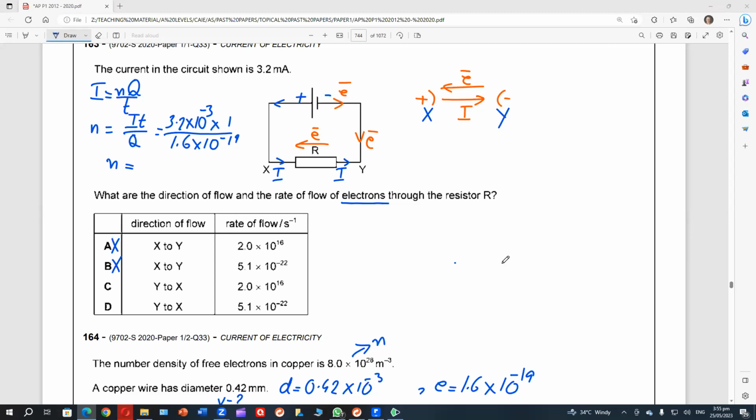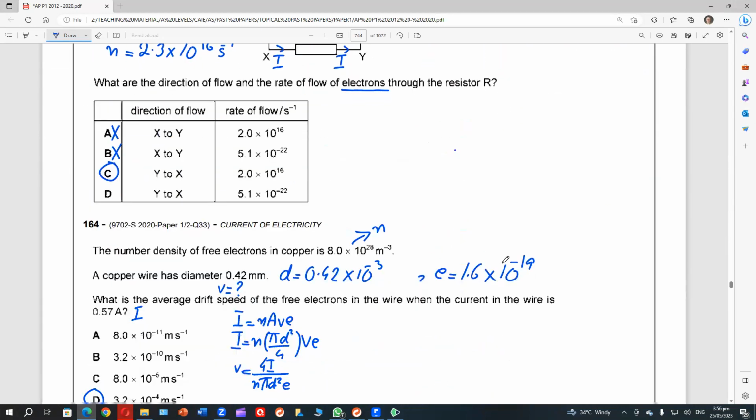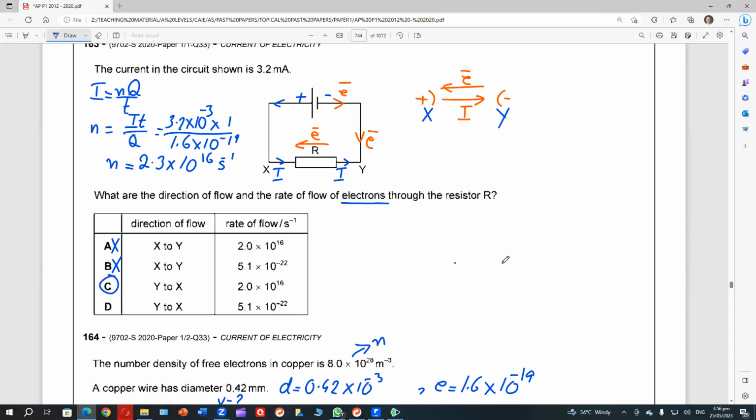We got 2.3 × 10 power 16. Yes, that's a good answer. Doesn't n show the number of electrons? But I took time equal to 1, because he has given me a hint here, s minus 1.